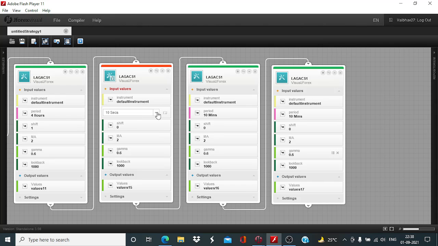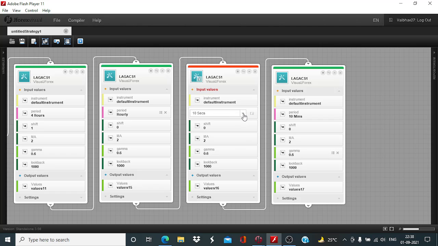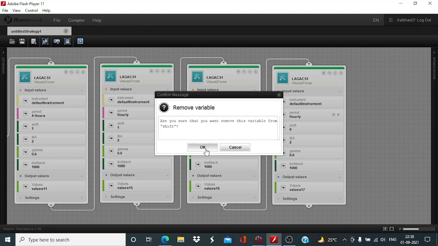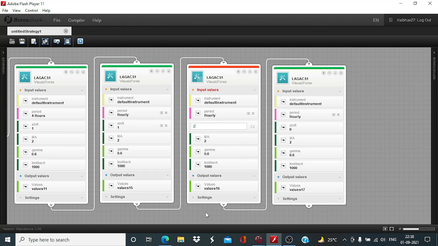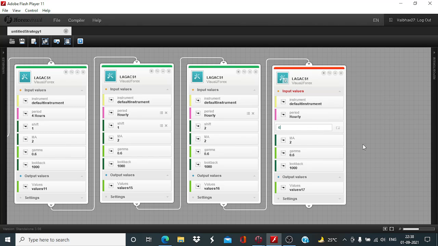This will be changed to hourly. All these 3 blocks. Shift value will be 1, 2, and okay.